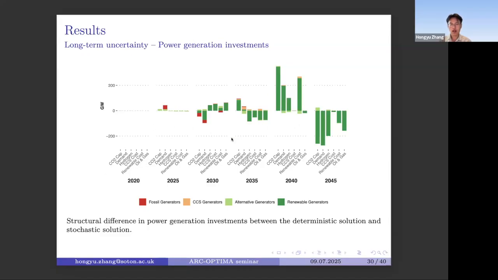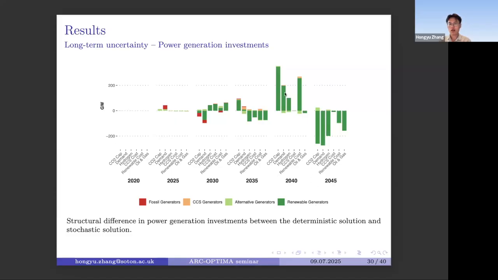In this case, we only consider one uncertain parameter at a time. So these are 6 different cases. And as you can see, in terms of renewables, this is the investment difference in, let's say, the green bar here, the renewable generators.